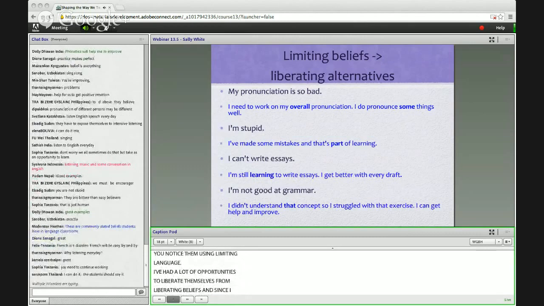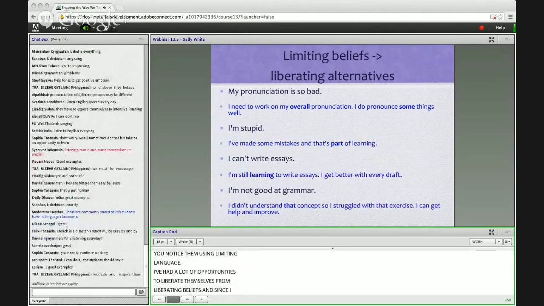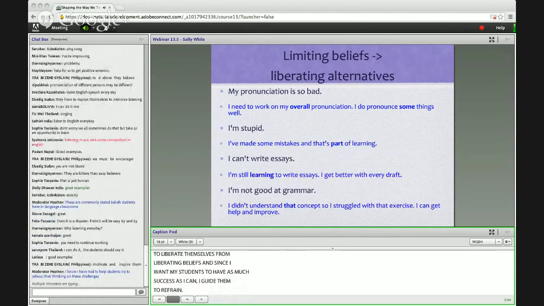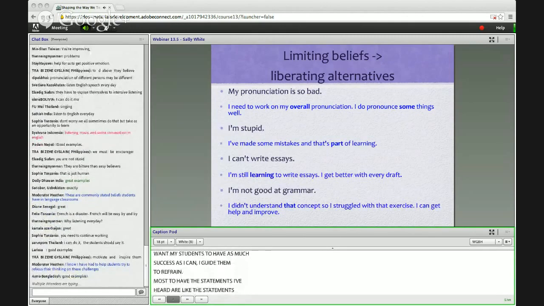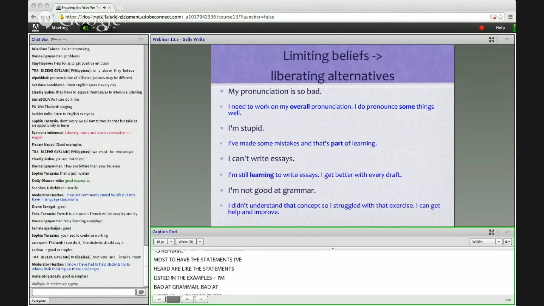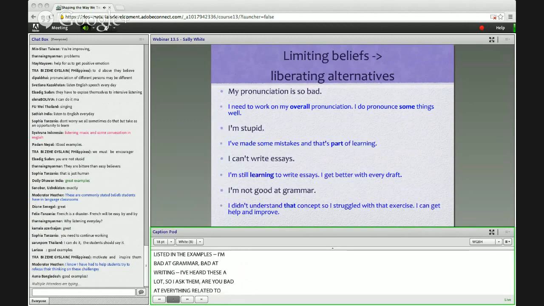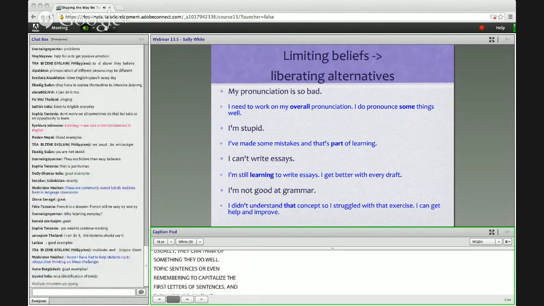Most of the statements I have heard are like the statements listed in the examples. "I'm bad at grammar, I'm bad at writing." I've heard these a lot. So I ask them, are you bad at everything related to writing? Usually they can think of something they do well, topic sentences, or even remembering to capitalize the first letters of sentences. And then we build on that. So try to find something positive and then build from that.